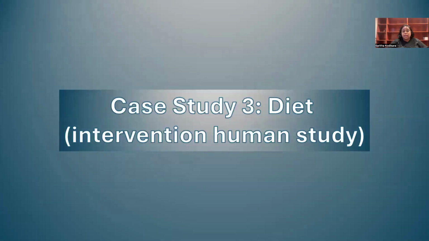And the final study is a diet study, but it's on humans. So you observe a little bit more variability than in mouse studies because we have less control over this kind of human study. Again, this is an intervention study, and it also has two groups.